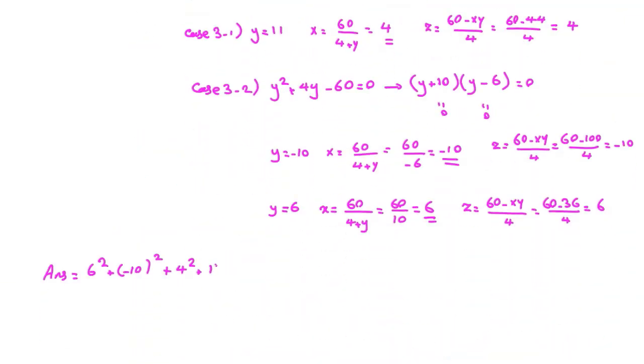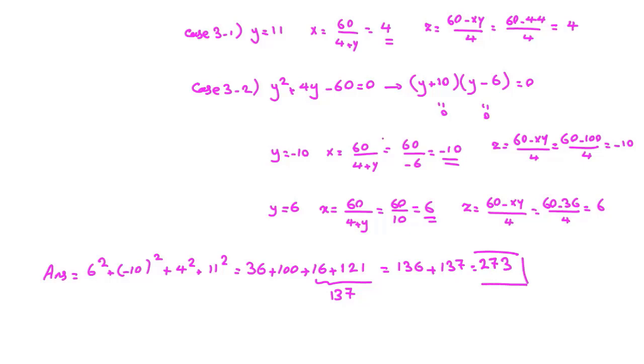We had 4 here, plus 11 squared. Okay, so let's write 36 plus 100 plus 16 plus 121. So it will be 136 plus 137, so it will be 273.